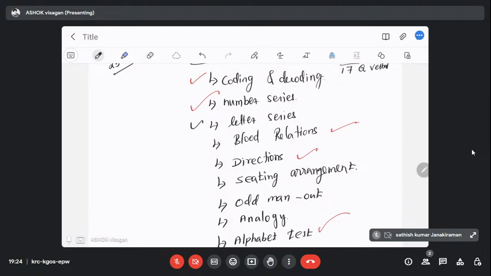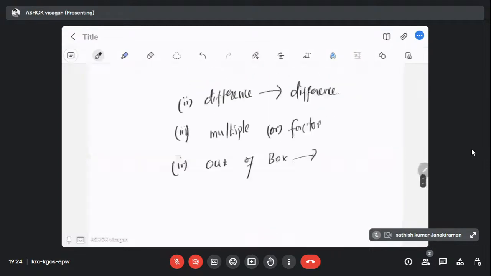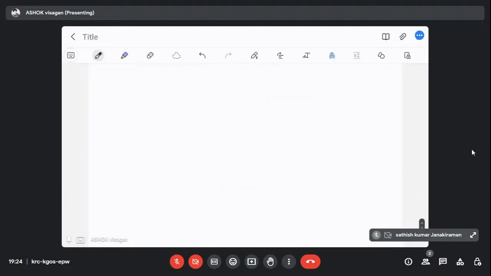And third one, we will move to the letter series. If you take this letter series, in letter series we know that only 26 alphabets are there. So they may group 2 letters or 3 letters. Sometimes they may ask you 1 letter also. 90% of the letter series questions are easy only. For example, I'll give you a random question.